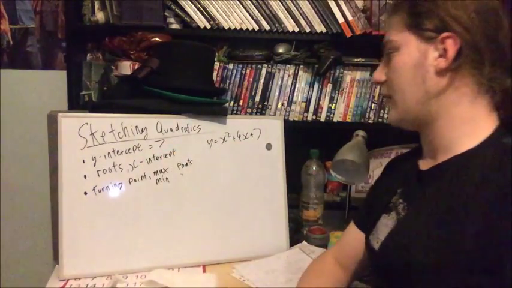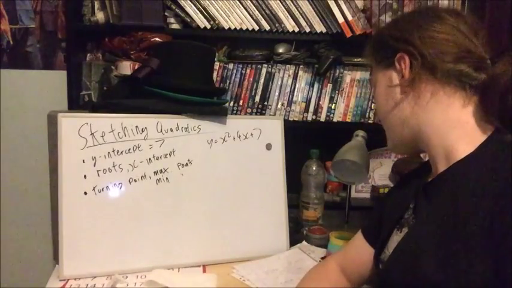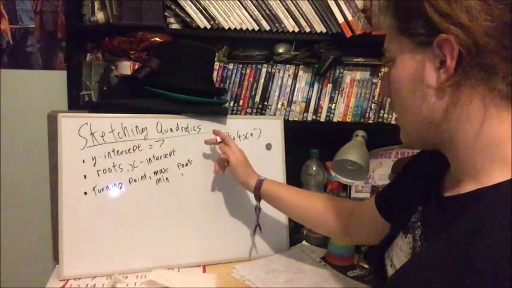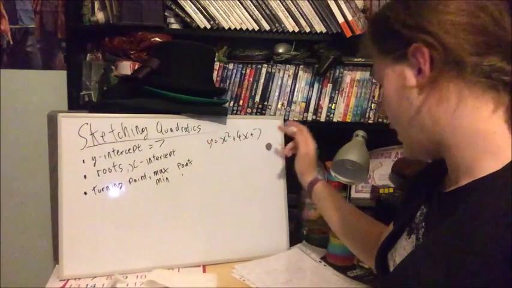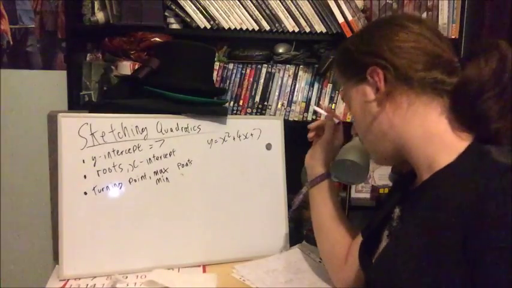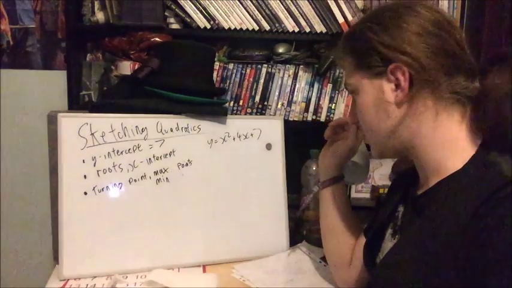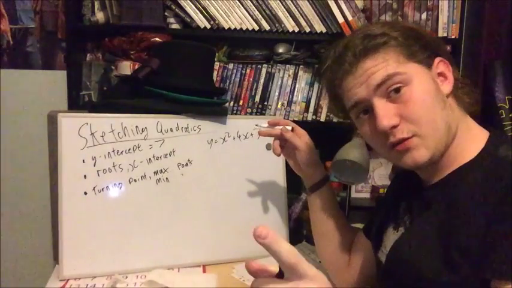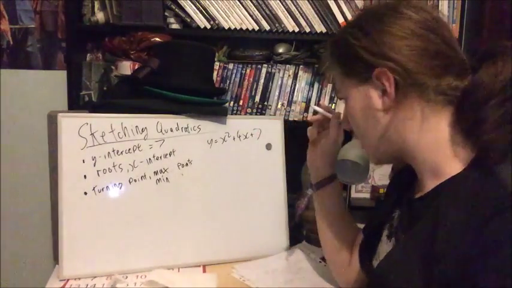Now the roots, well, basically, we can just substitute 0 into y, and therefore we can just factorize this. But right now, I'm going to use the completing the square thing, I think it's called.